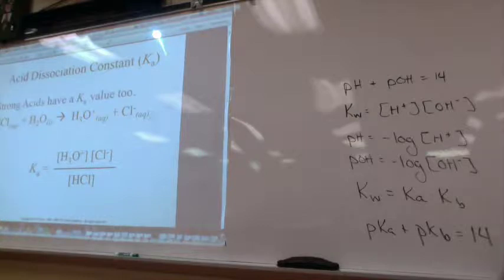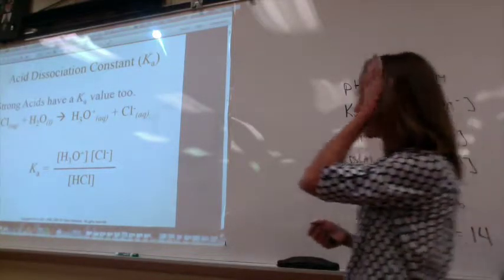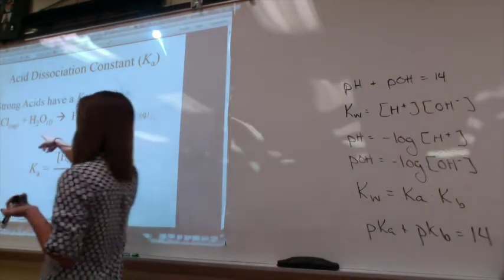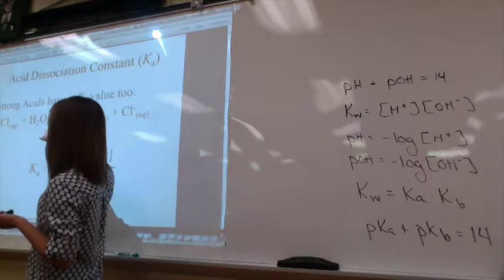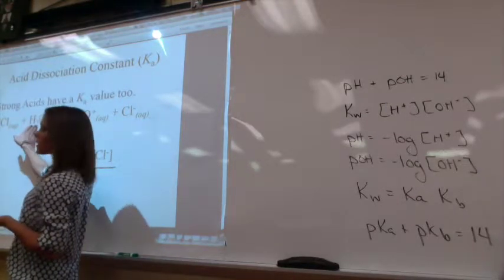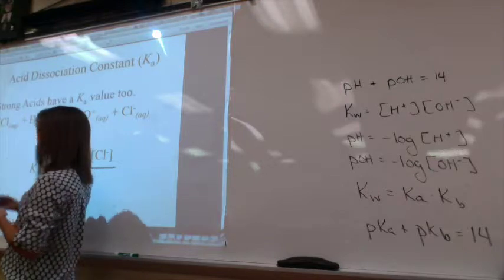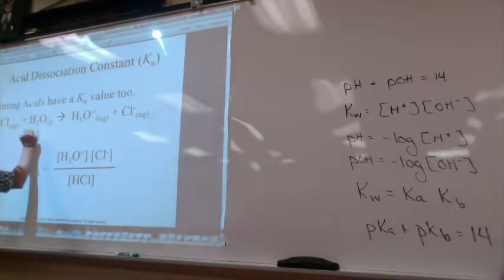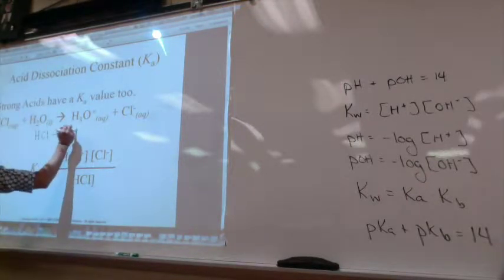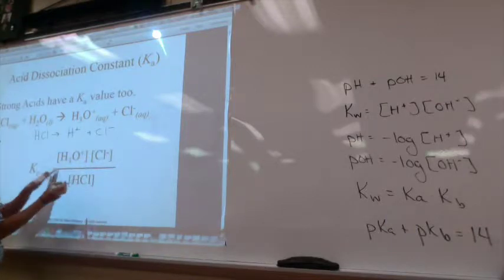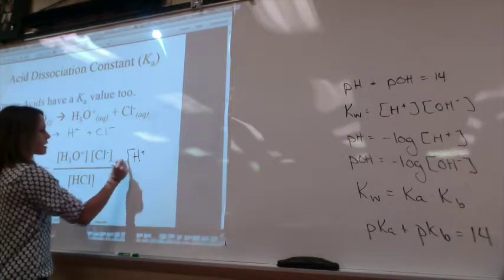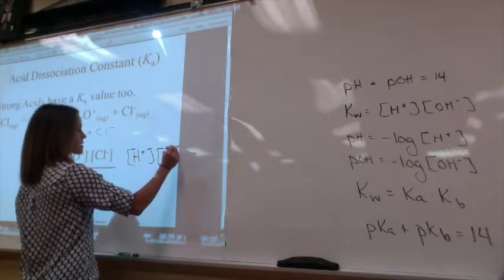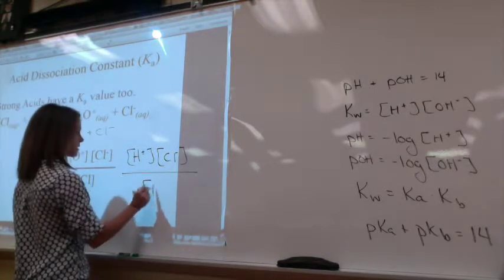Strong acids have a Ka value too, so even though we have a strong acid, you know this is one of your big six, it has a one-way arrow. Remember that you can write it with H2O, but you could also just write it as HCl, one-way arrow, H plus Cl minus. It's still going to be the exact same Ka setup, but it would just look like this.